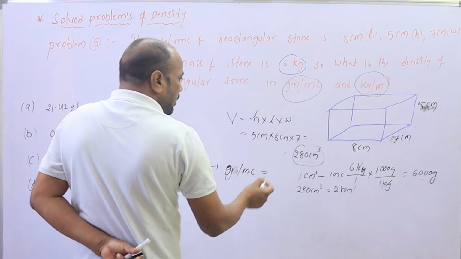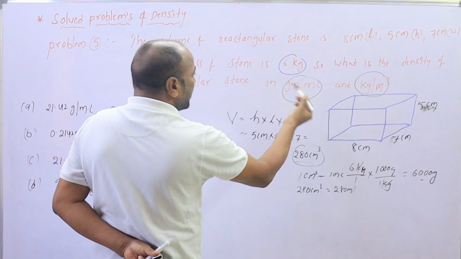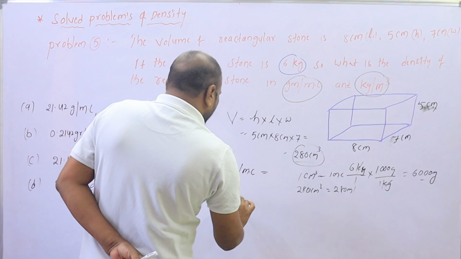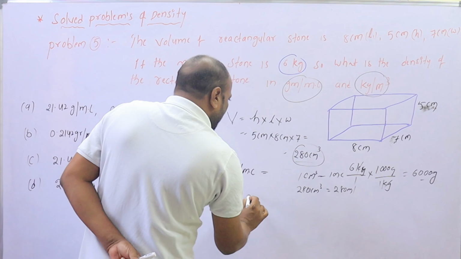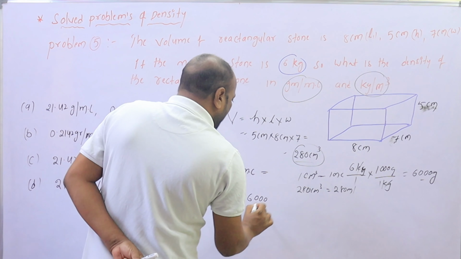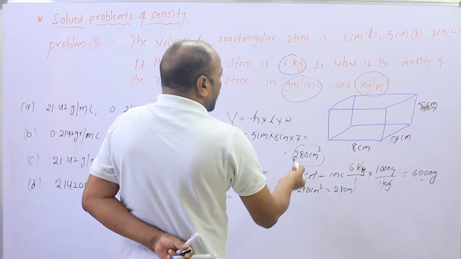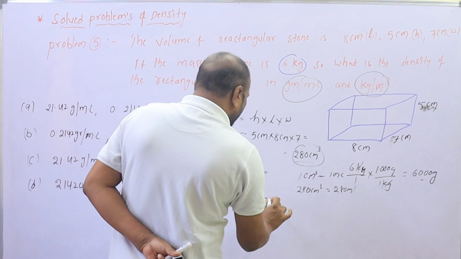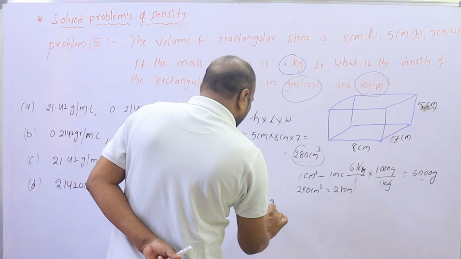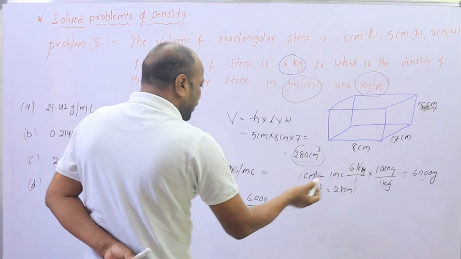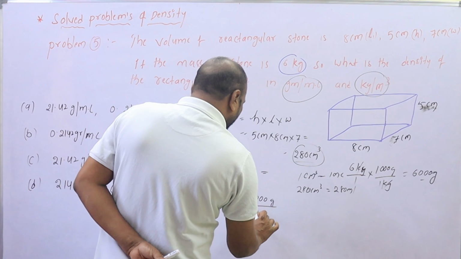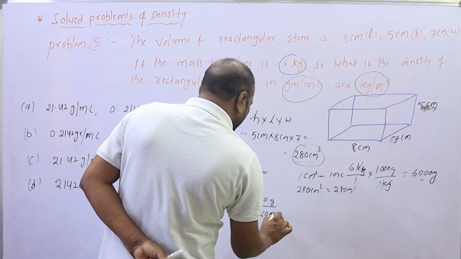So you calculate density in gram per milliliter. The mass of the stone is 6000 gram, and the volume of the rectangle is 280 milliliter.